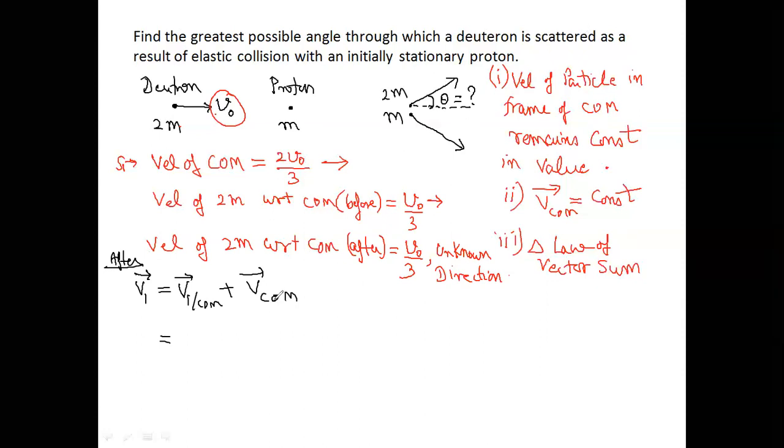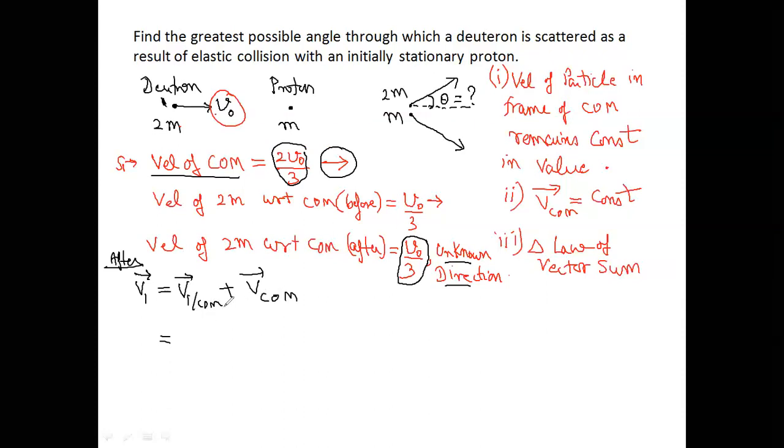The velocity of center of mass is known in magnitude and direction both. But the first vector, the velocity of 1 with respect to center of mass, where 1 means this 2m particle, is known in magnitude but unknown in direction.